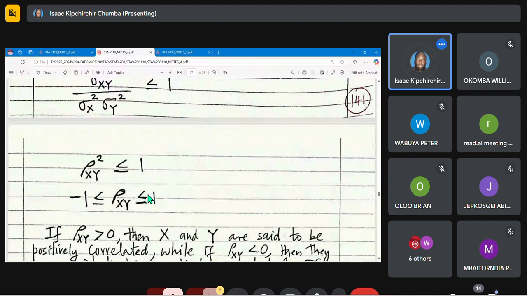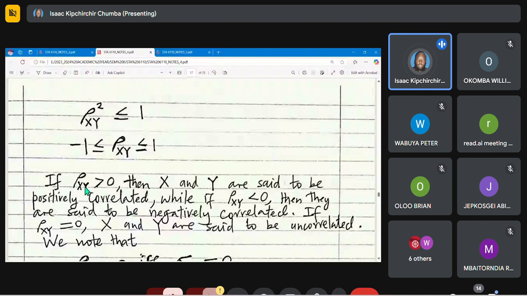We have said the sign of the covariance will be the sign of the correlation. If the correlation is positive, we had a positive covariance. If it is negative, we had a negative covariance. If it is 0, we had 0 covariance.